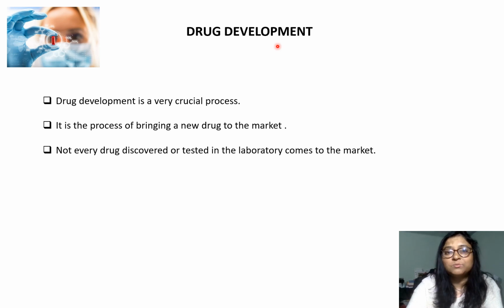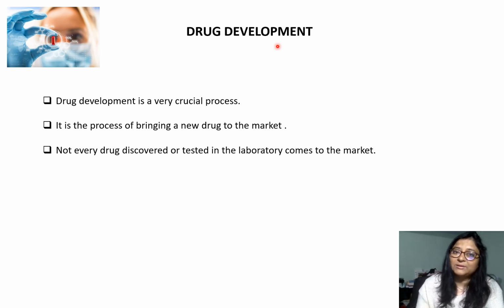We will see the whole procedure in this session. First, drug development starts from the research of a scientist. They first think that this component can be useful for a particular disease, and then they work on it for several months or years, and then they get some result.